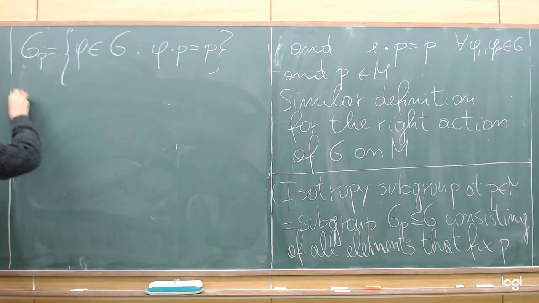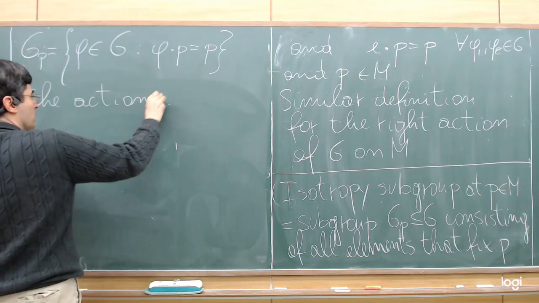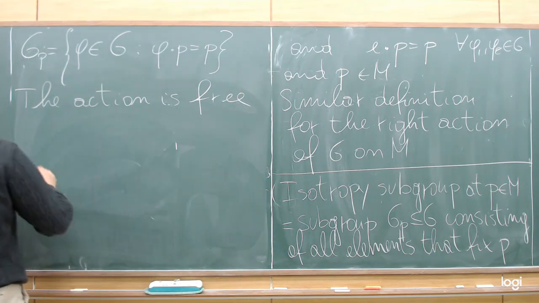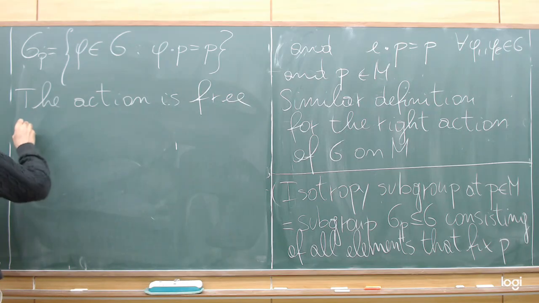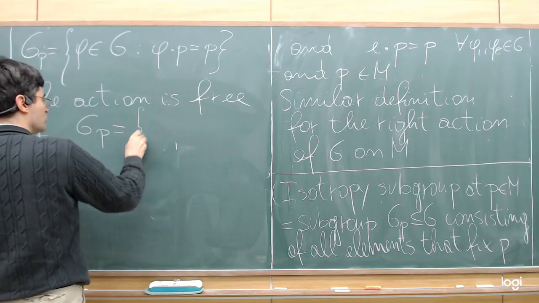The action is free if G_p is the identity.